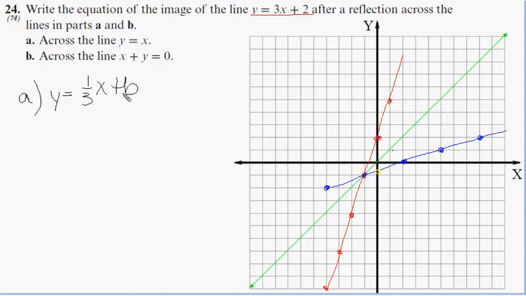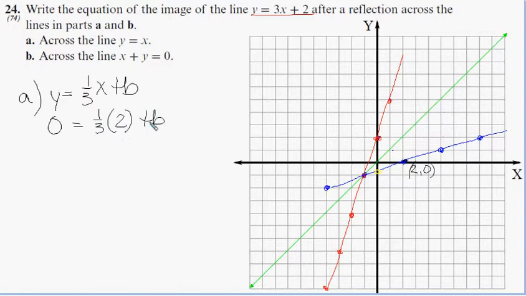Now I know that this point is passing through that line, so let's use that as a point of reference. It's the point (2, 0). So I can plug the 0 in for y and 2 in for x and solve for b.